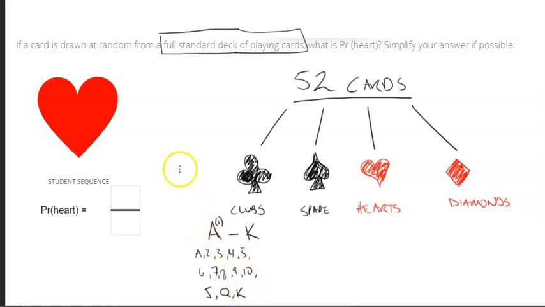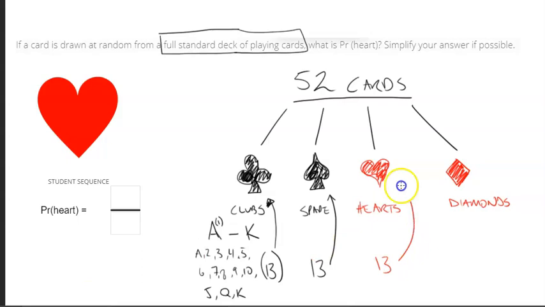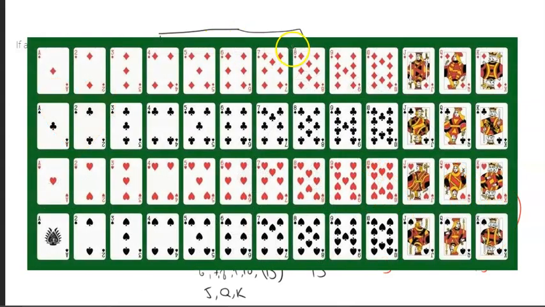And so from this, here within our clubs, we have ace of clubs, 2 of clubs, 3 of clubs, etc., all the way to king of clubs. And this counts for 13 types of club cards that we can have. And again, this happens for spades, and again for hearts, and again for diamonds. If you were to type in full standard deck of playing cards into Google, and you go into the images, you will see all the different types of cards, all 52 cards.